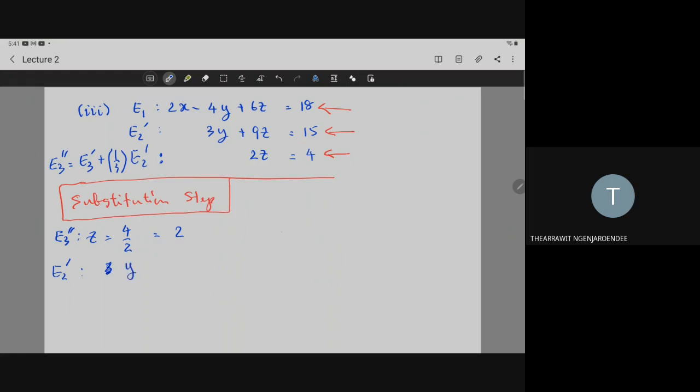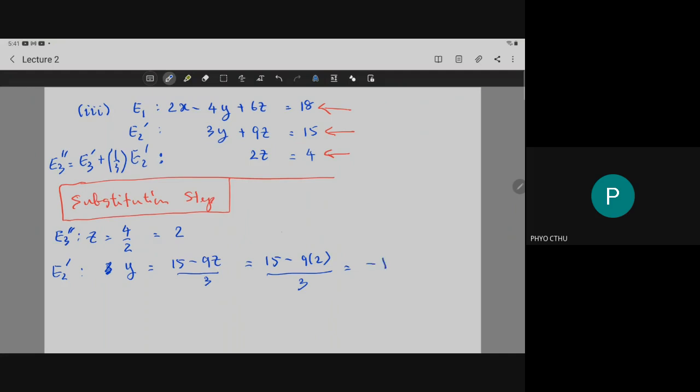I get y is equal to 15 minus 9z divided by 3, which is 15 minus 9 times 2 divided by 3. So what do I get? Pio, what do I get here? -1.